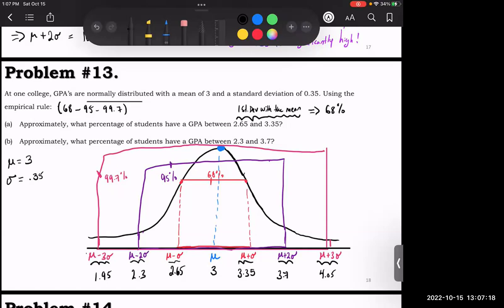Look at the next one. It says, what percentage of students have a GPA between 2.3 and 3.7? How many standard deviations within the mean are you? 2. What percentage will that be based off the empirical rule? 95%.